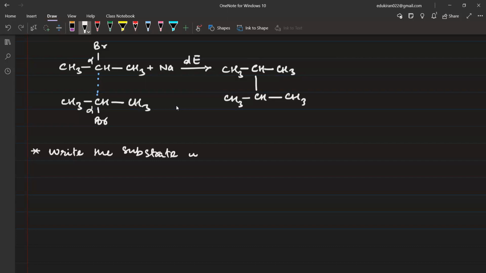Write the substrate without halogen twice. Also, one more thing: when I say without halogen, don't just remove the halogen from here and leave the bond. You also have to erase the bond. Please don't leave the bond. Many people make this mistake: when I say remove the halogen, they will write it like this, CH, CH3, and they will put a bond. The bond will also be removed.